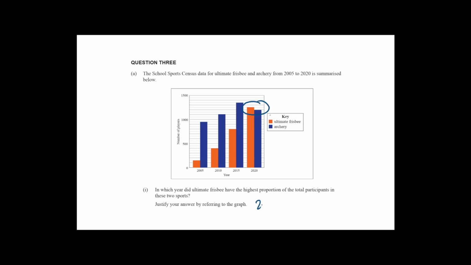So it's going to be 2020. There are actually more frisbee participants than archers, for the first time. I'm not really sure how else you could say that. I think that's the only way you could put it.